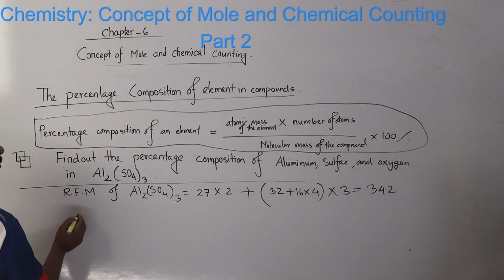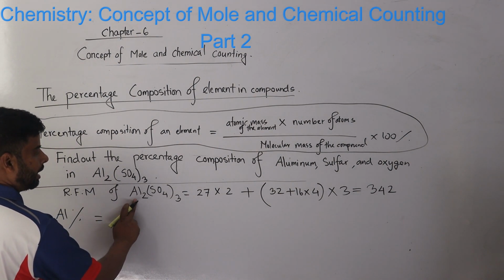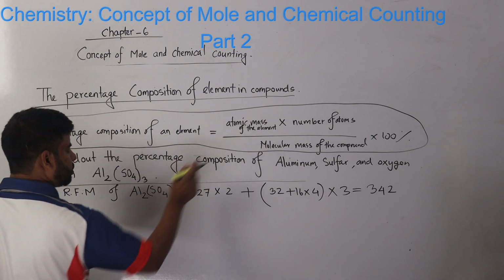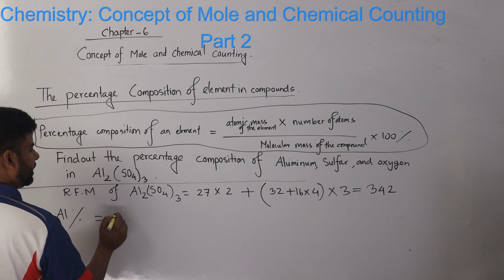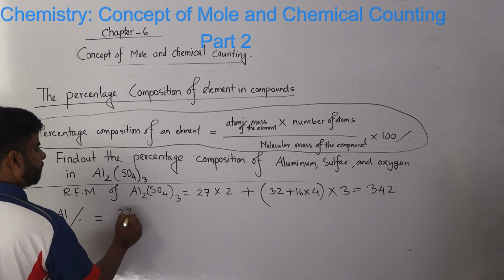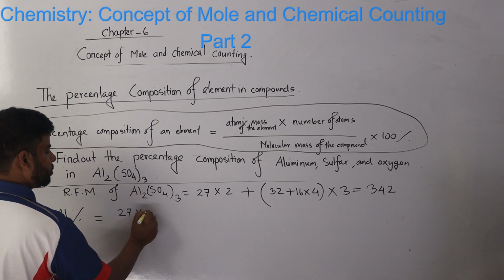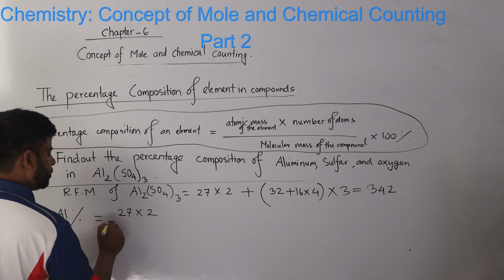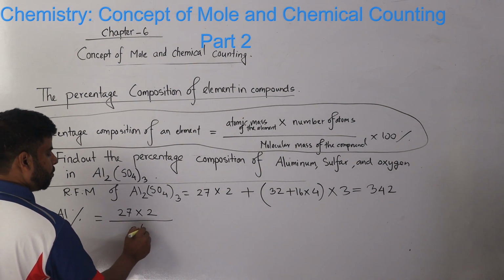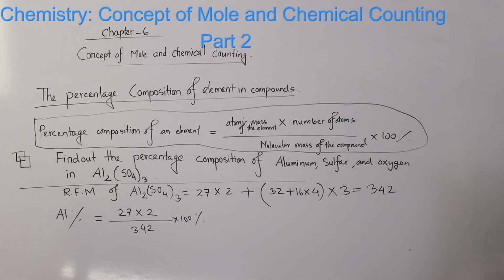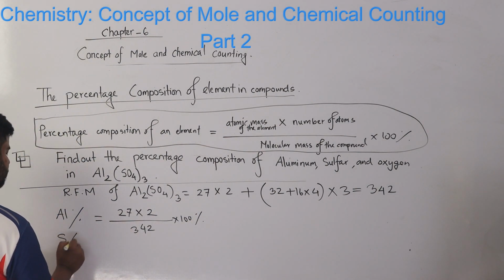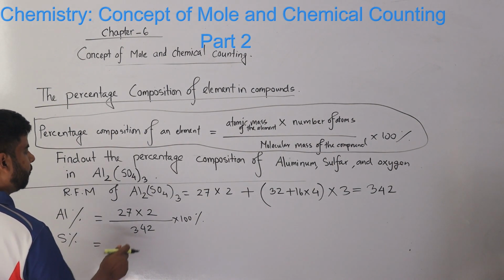So the percentage composition of aluminum: the atomic mass of aluminum is 27. There are 2 aluminum, so the number of atoms is 2, divided by 342, multiplied by 100%. Another is sulfur.